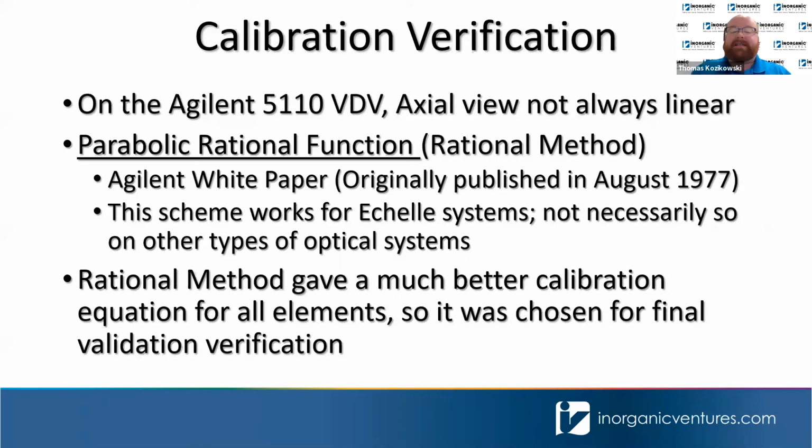So it might not necessarily work for other types of optical systems. I know Spectral uses a different optical system, so you might have to look around and see if it's not linear, a different model is probably going to come into play. But for our purposes, we stuck with the rational method, and it gave a better calibration equation for all elements. So we chose it for the final validation activities.